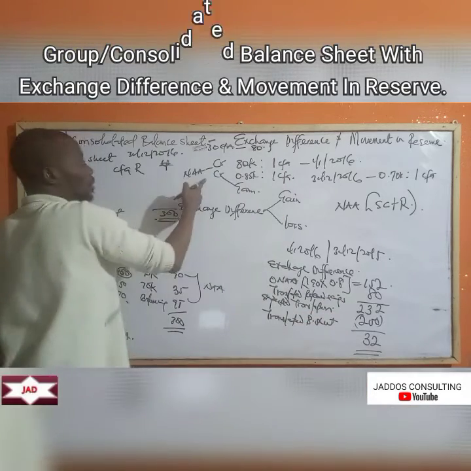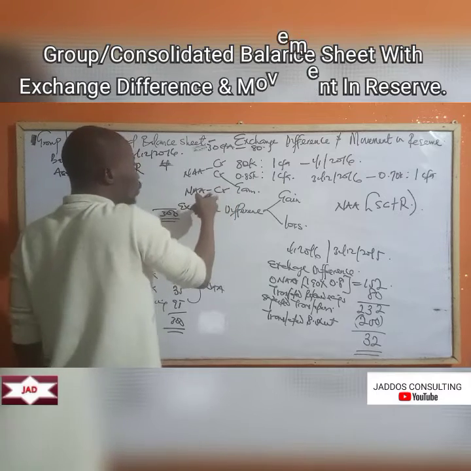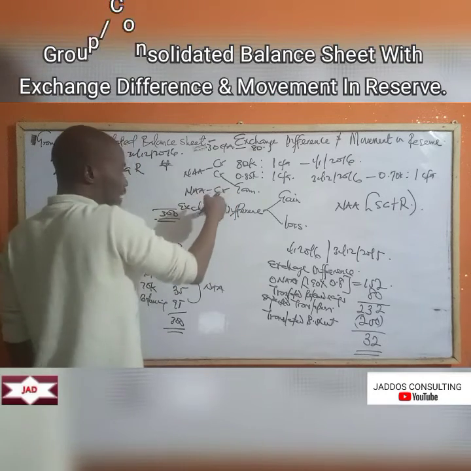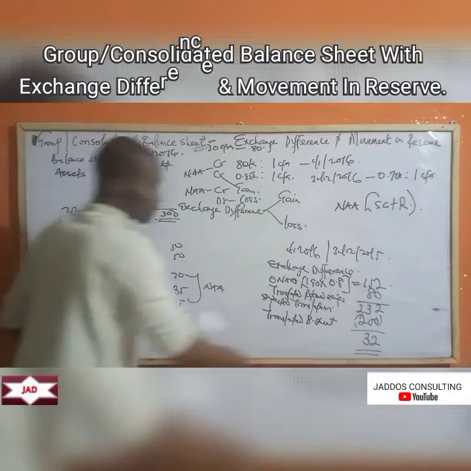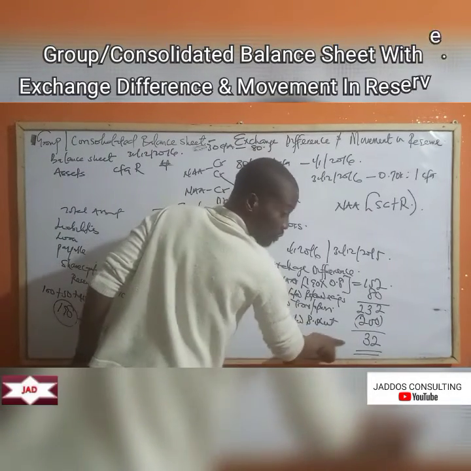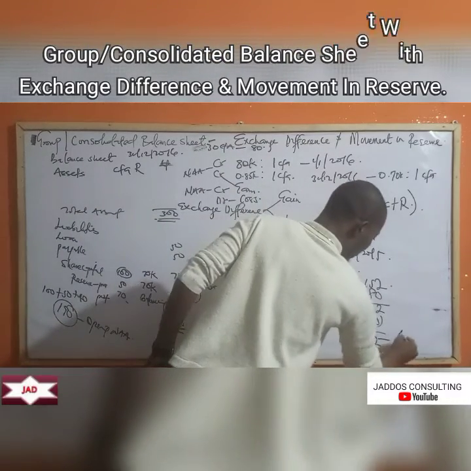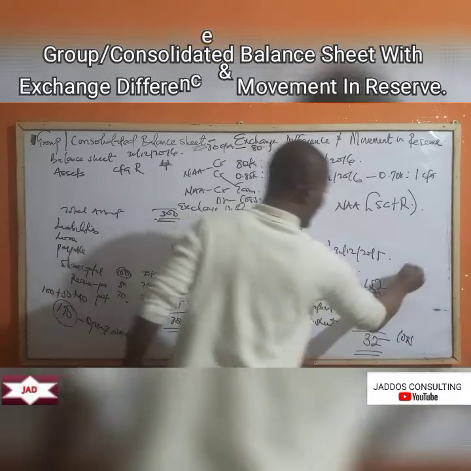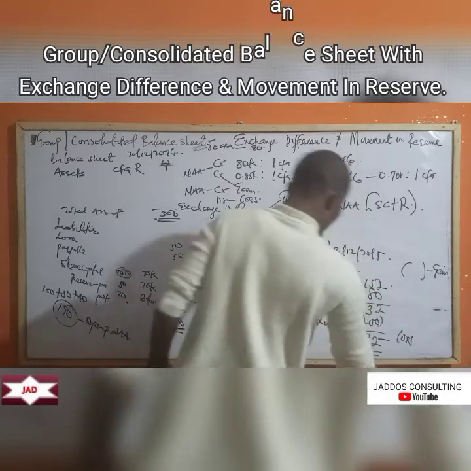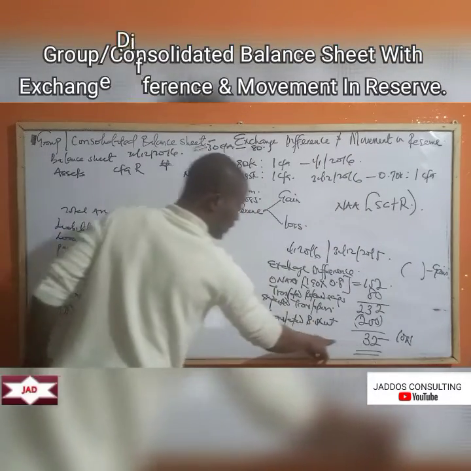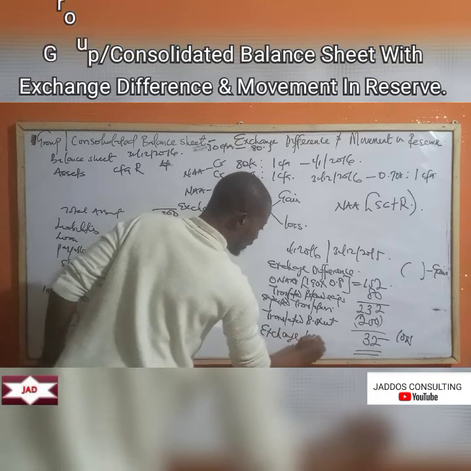So bringing down the credit is a loss. So in a nutshell, if the resultant difference is a positive sign, it's a loss. If it's a negative sign, then it's a gain. So in this scenario, you can see that it's a positive sign. So this is an exchange loss.